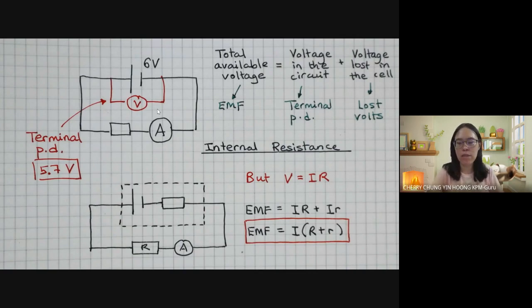That's why 你就会看到 E equals to IR plus IR, where 两个 R 是不一样的.